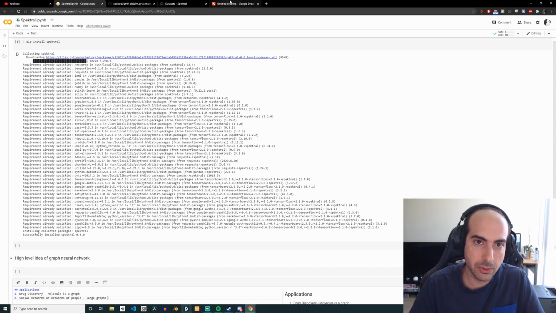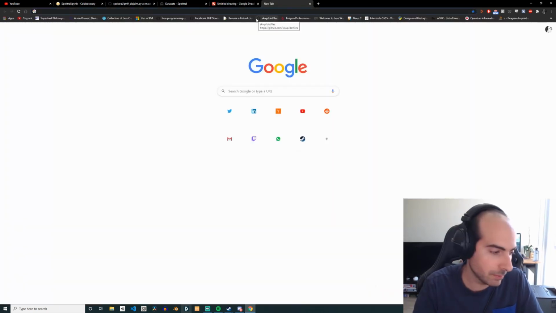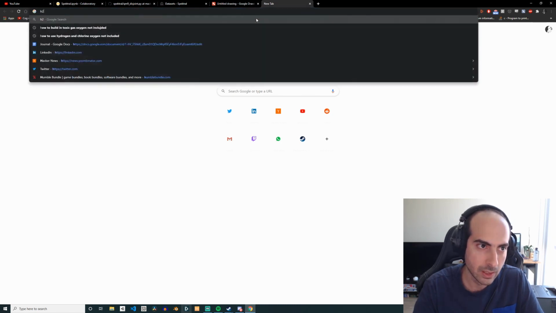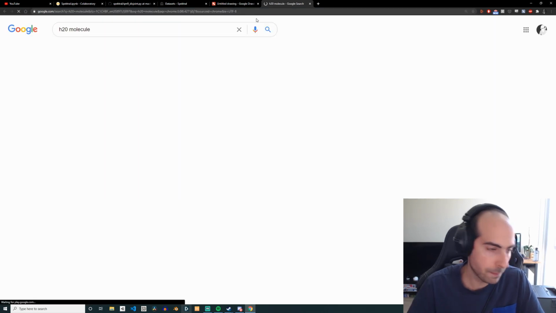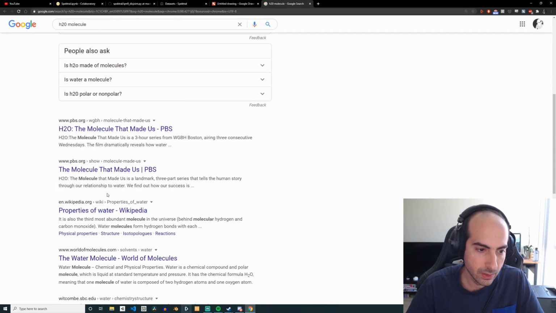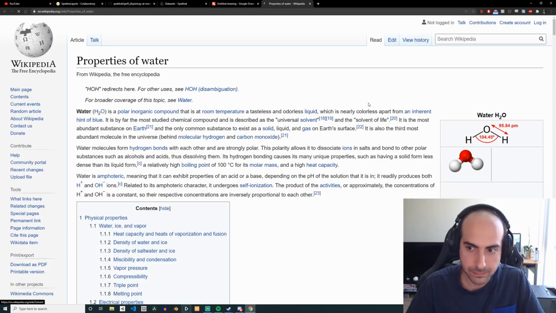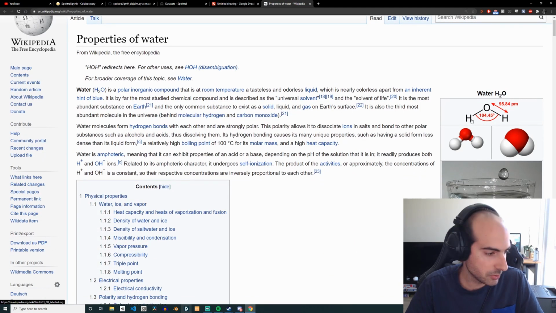So let's get started. First off, like I told you, a molecule is a graph, but let's look at this point a bit more deeply. Let's look at the H2O molecule, for example. So this is the graph structure. You'll see that there are atoms, those are the nodes.